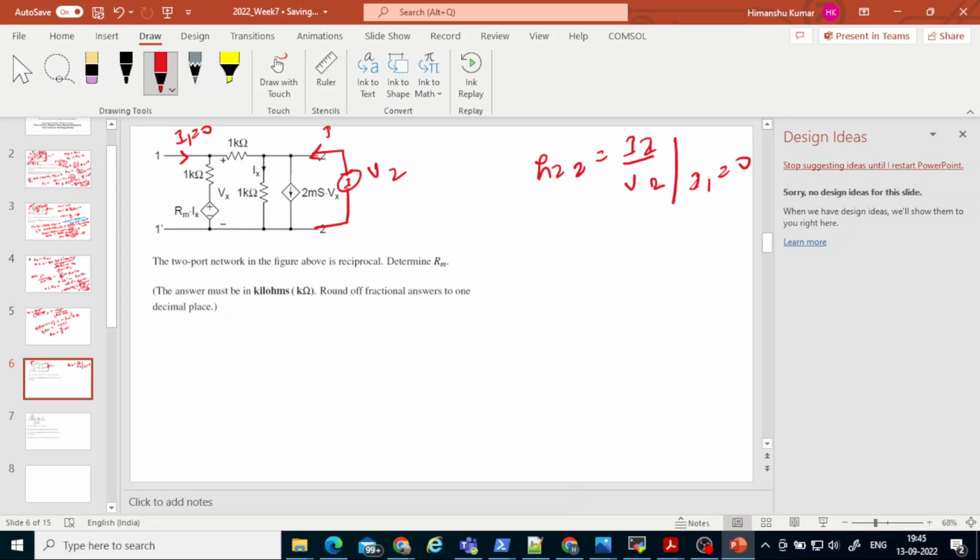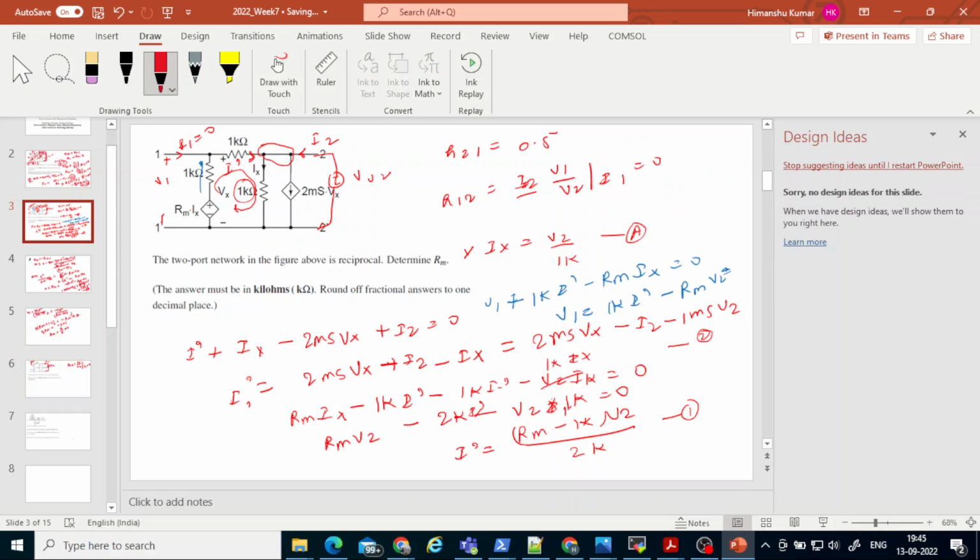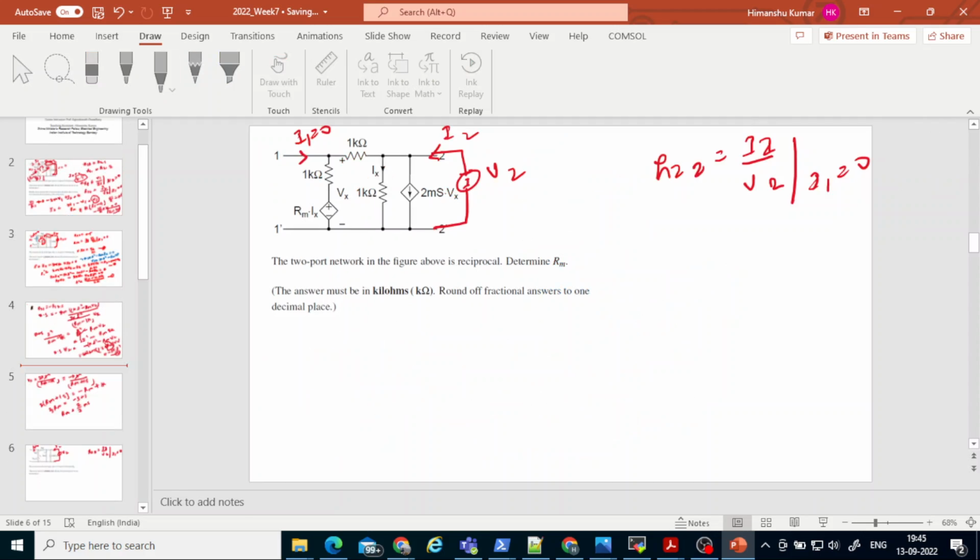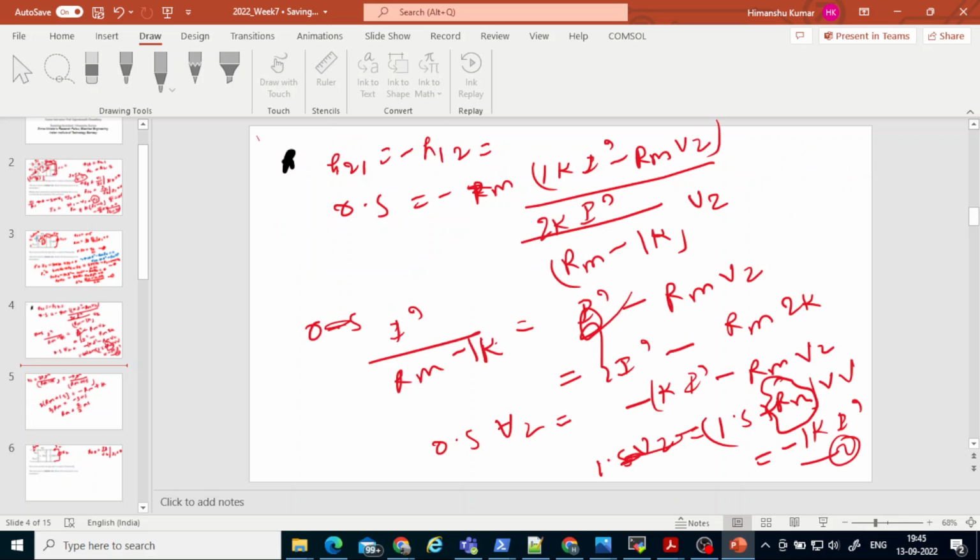Now we need to find the voltage. We have solved for I2, so let's solve again.